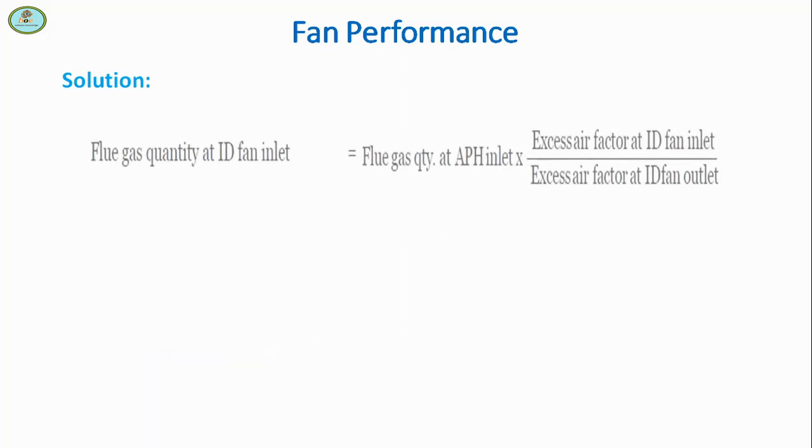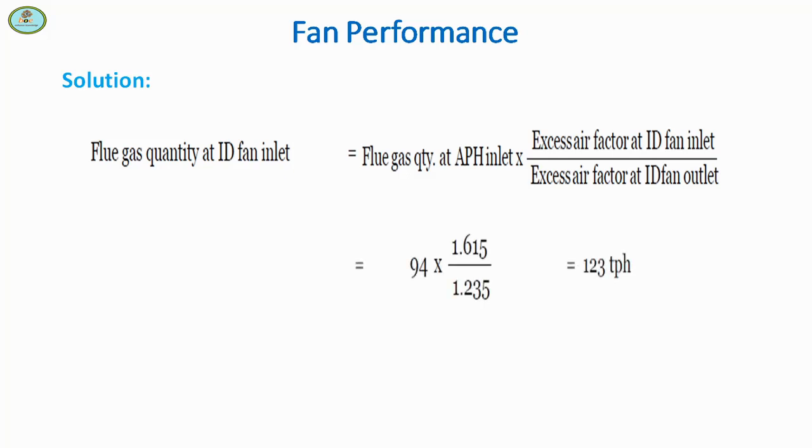Flue gas quantity at ID fan inlet is calculated by flue gas quantity at APH inlet × excess air factor at ID fan inlet divided by excess air factor at APH inlet. So putting the values, 94 × 1.615 divided by 1.235 is equal to 123 TPH.